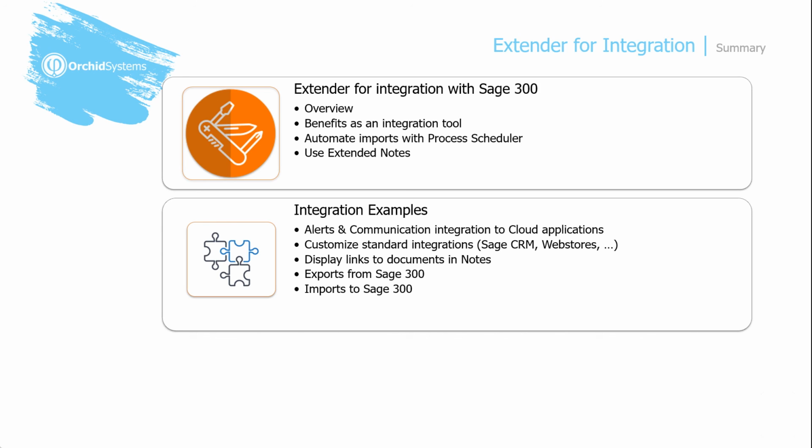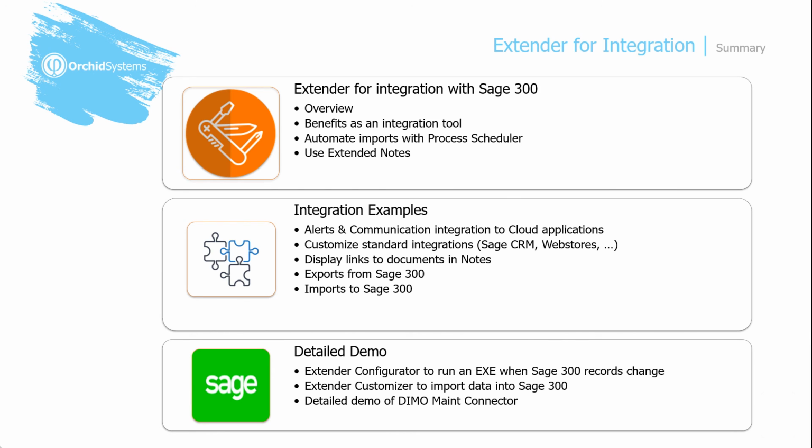We've discussed that we can display links to cloud-based applications in Orchid Notes using Extender scripts or just notes, for example LinkedIn, or also links to other document management software. And we've looked at various examples of exporting out of Sage 300 and importing into Sage 300.